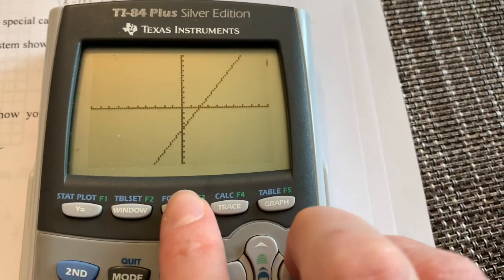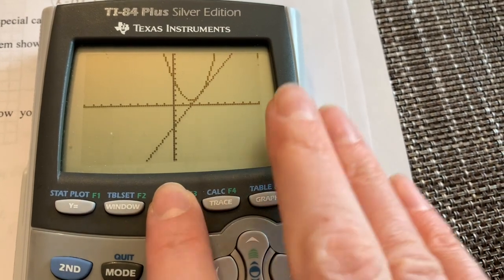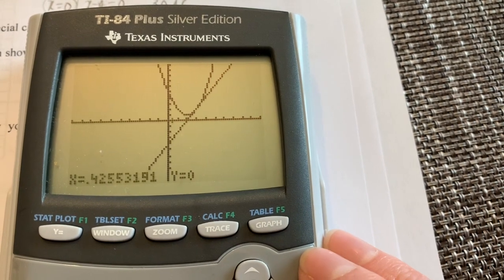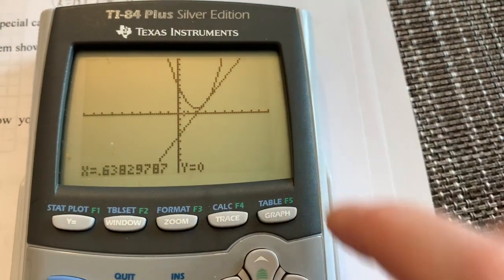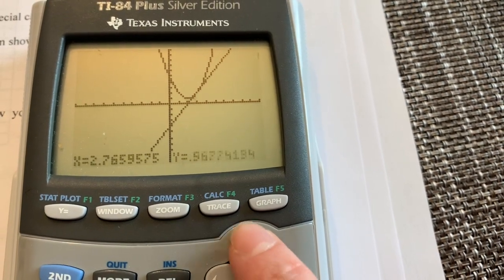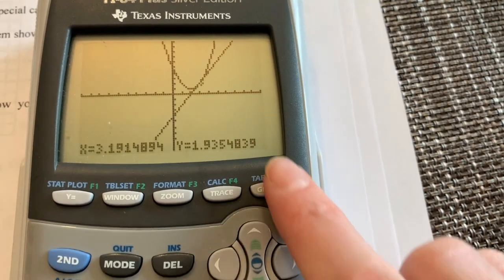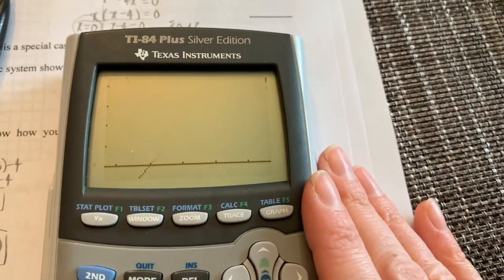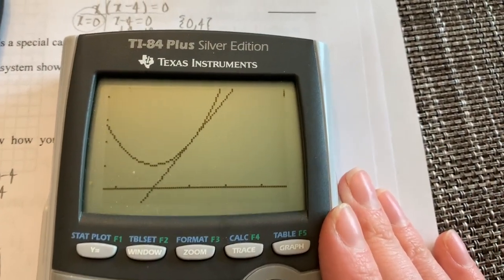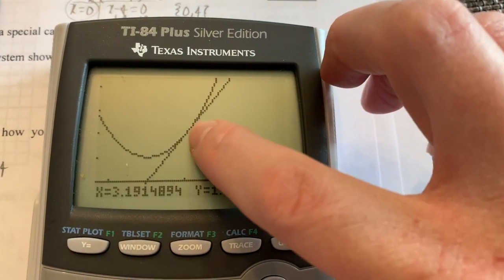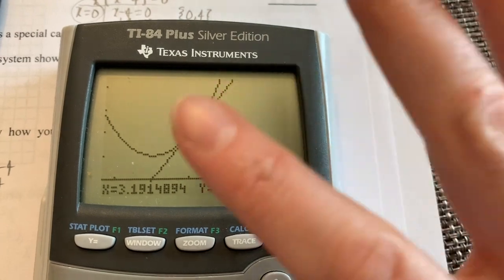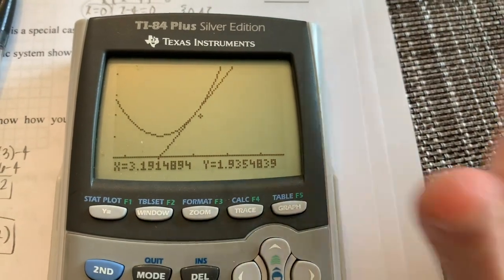Let's try that again. This is good for you guys to see. Zoom in, but you have to move your cursor. It was over here, I thought it was over here. If I move my cursor closer to where I want to see, and then I push enter, now it'll zoom in on the spot I want to look at. See, there's one point here where they're intersecting, and that's not even intersecting, they're touching at that one point.